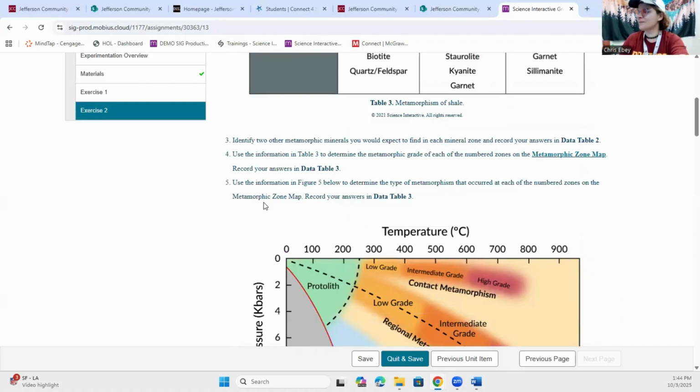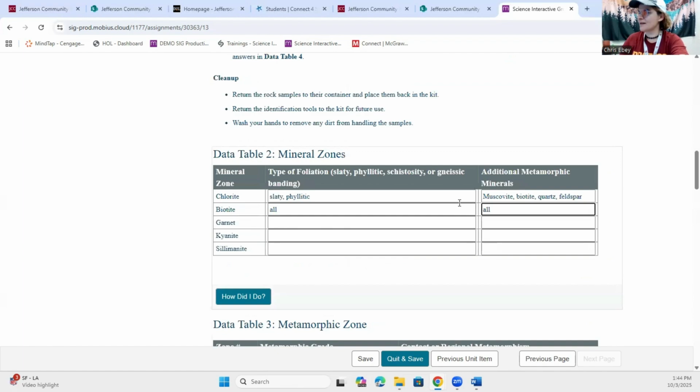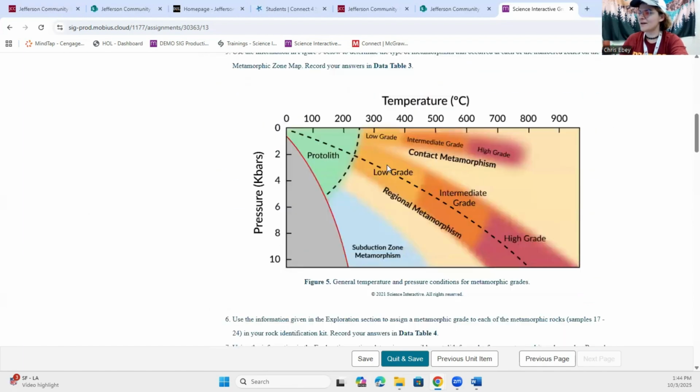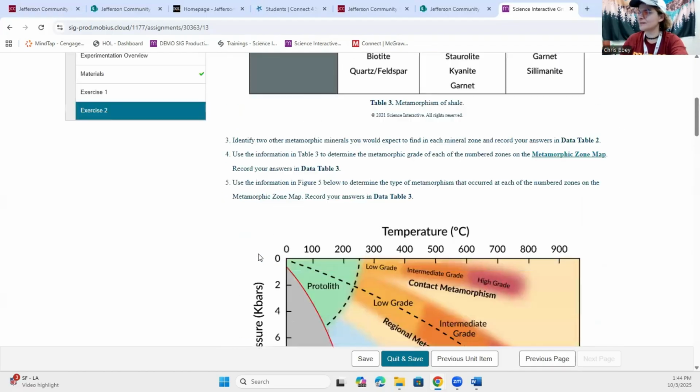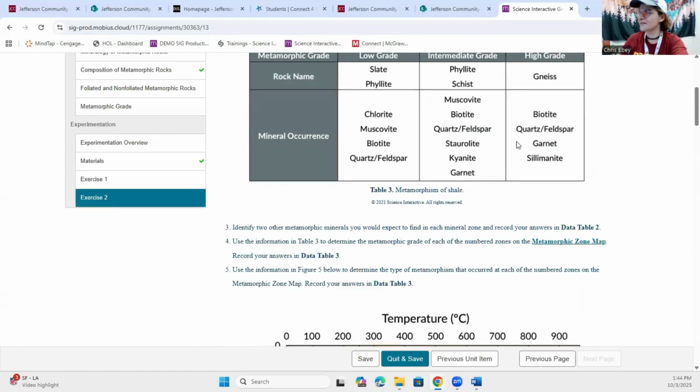So continue on with that pattern. It's just connecting this diagram to the table. You find the mineral up here, see what list it's in. If it's a low grade metamorphic rock, it's going to have a slaty or phyllitic foliation.